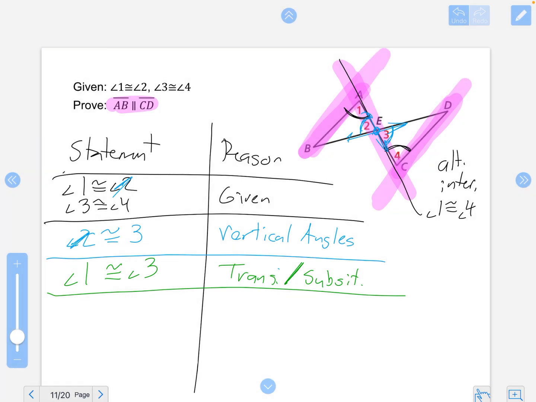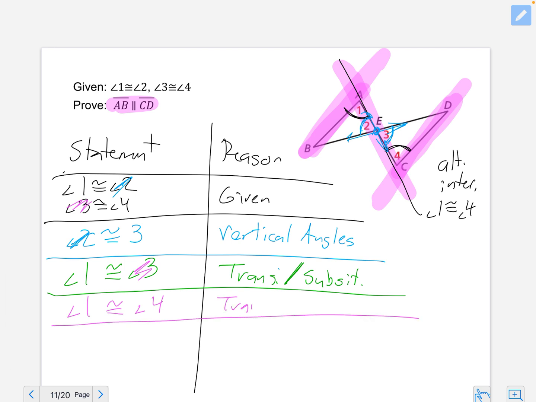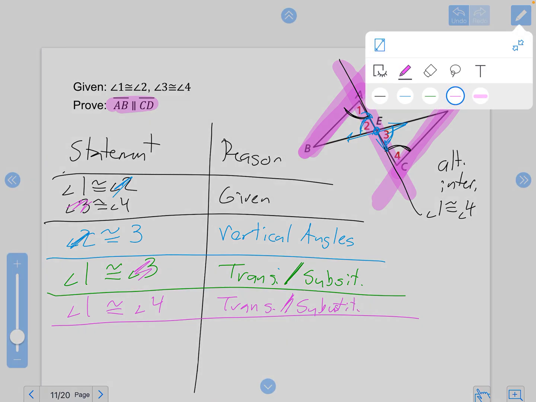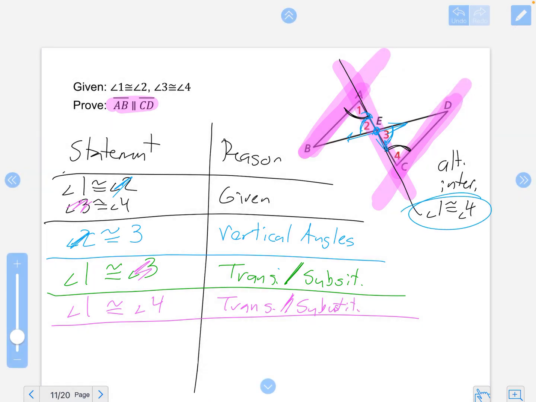So now I know that 1 is congruent to 3. I know that 3 is congruent to 4. So again, I can cut out my middleman, and angle 1 is congruent to angle 4, again using our transitive or our substitution properties. And so, looky there, I've already proved that 1 is congruent to 4.